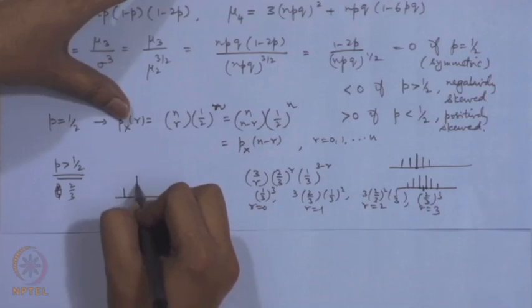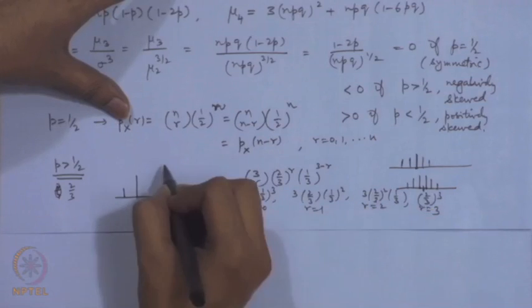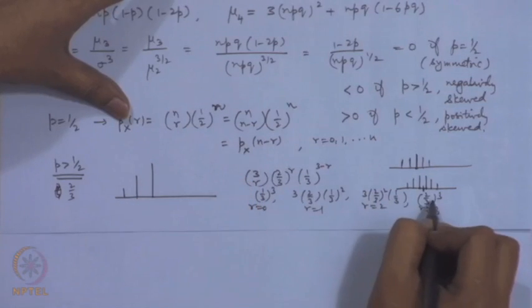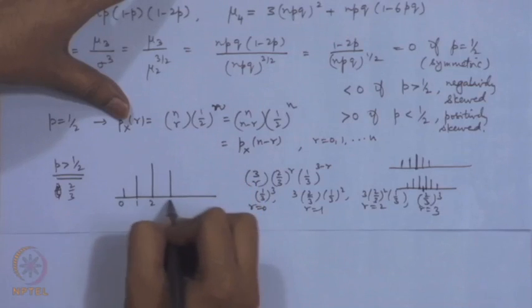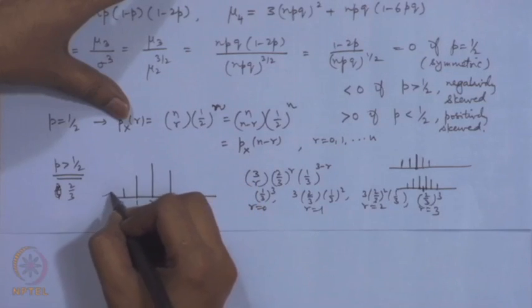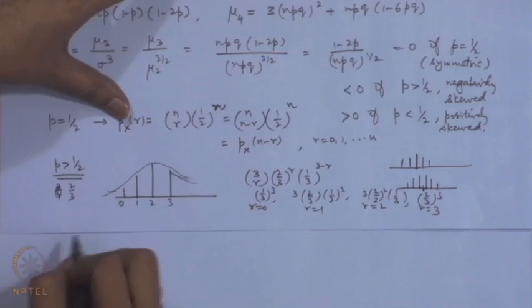So, that is somewhere here. Then next value is 3 into 4, 12 by 27 and then you are having 8 by 27. So, 0, 1, 2, 3. So, this distribution is, if you try to join by a curve, this is negatively skewed.